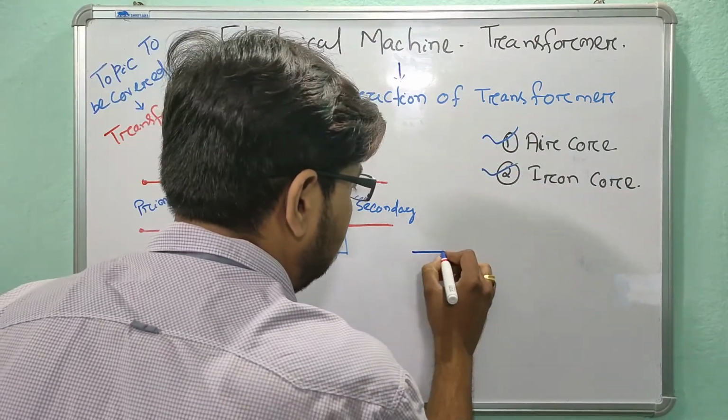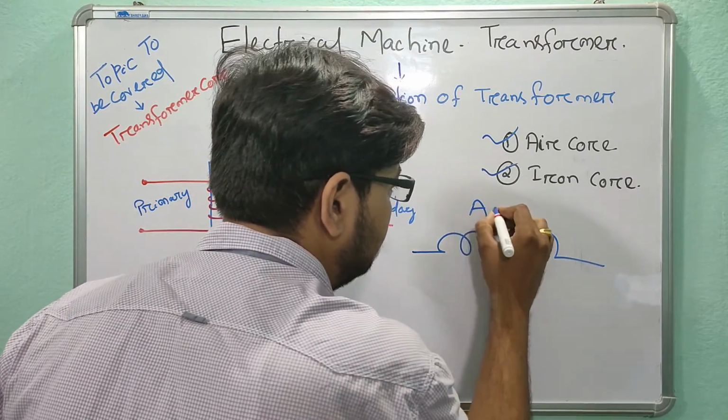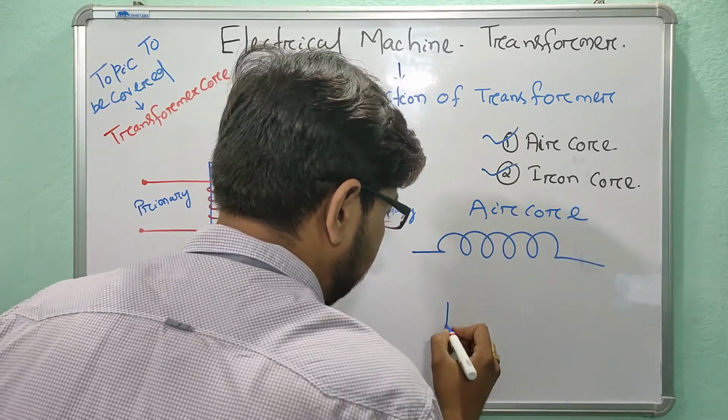So for that, let us compare the air core and iron core in transformer. This is the symbol of air core, and this is my iron core.